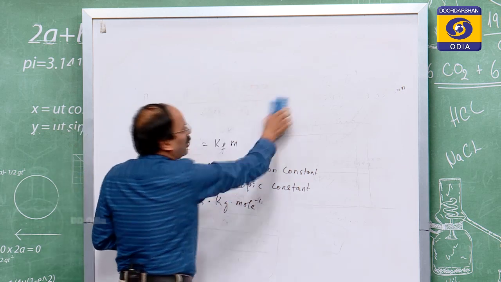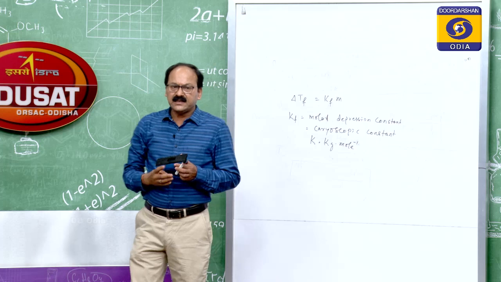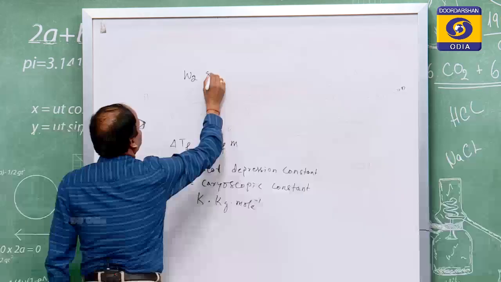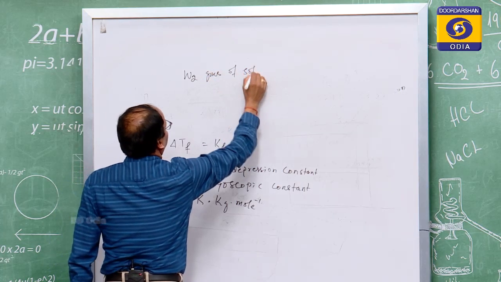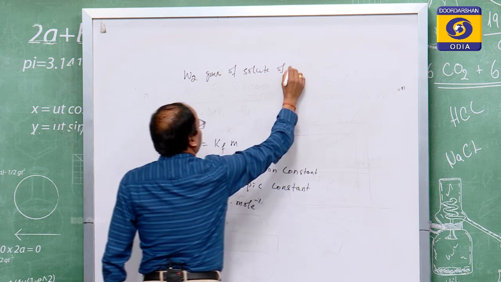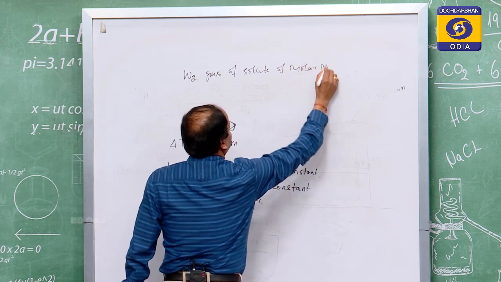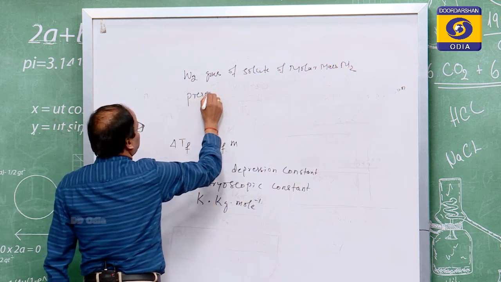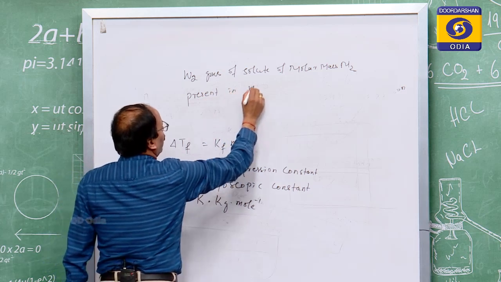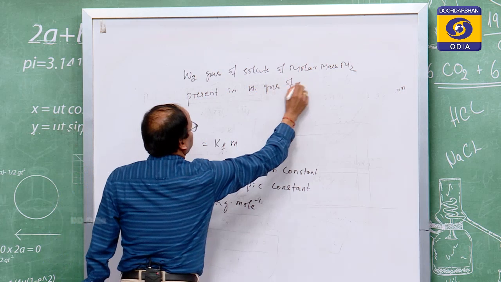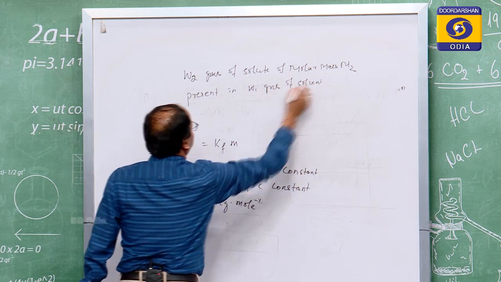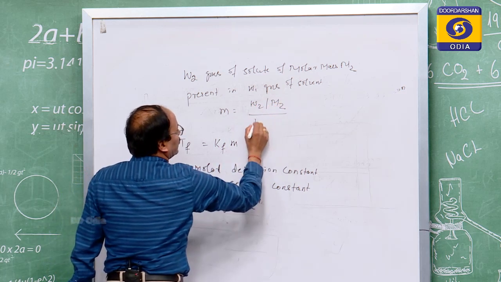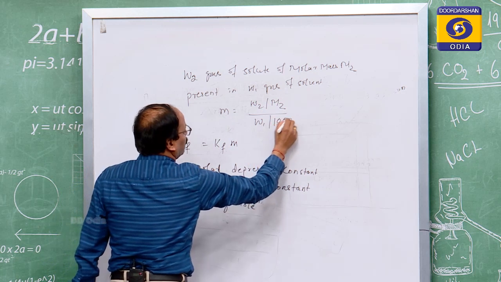If you have W2 grams of solute of molar mass M2 present in W1 grams of solvent, then the molality m will be equal to W2 by M2 divided by W1 into 1000.